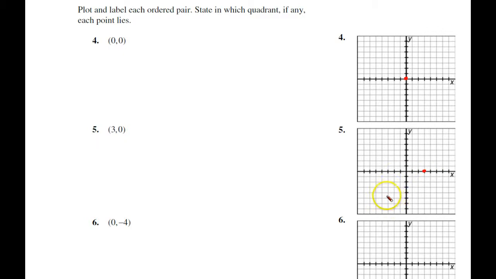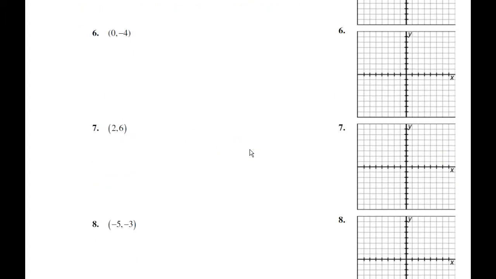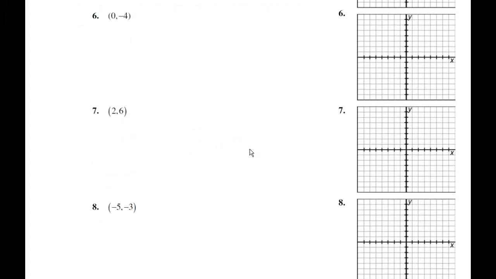And here we have 0, comma, -4. I guess I'll have to go down a little bit for that. So 0, -4. 1, 2, 3, 4.